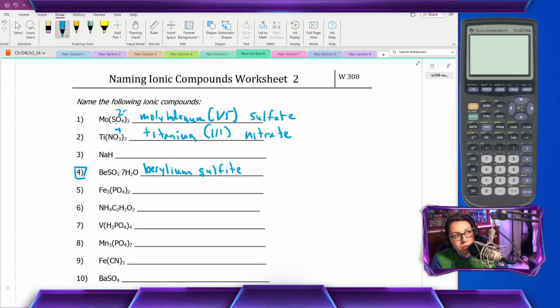This is a good one too. So this is kind of an interesting one. So we have a H here bound to a metal. We don't often see this, but sometimes hydrogen can act as a hydride with metals. So sodium, aluminum, especially. And so this is called sodium hydride.